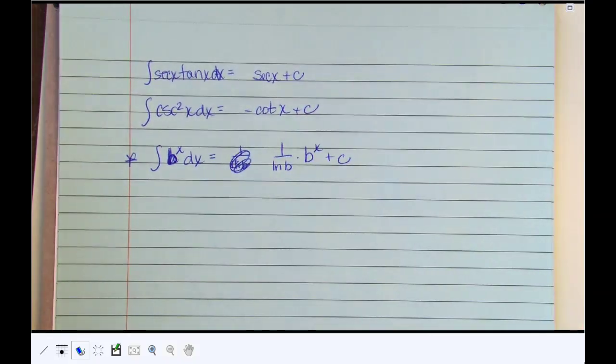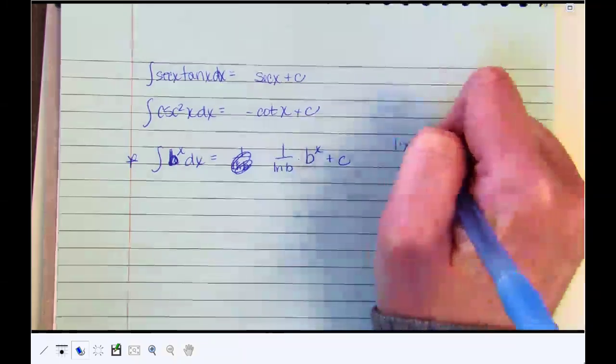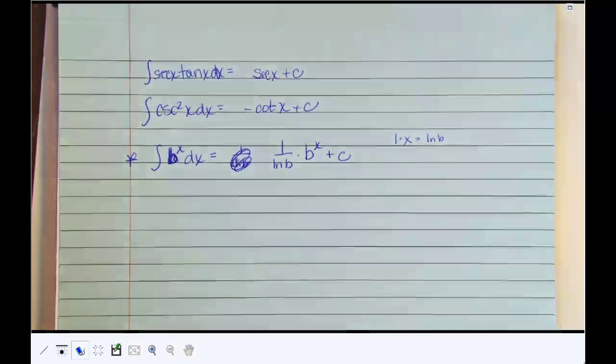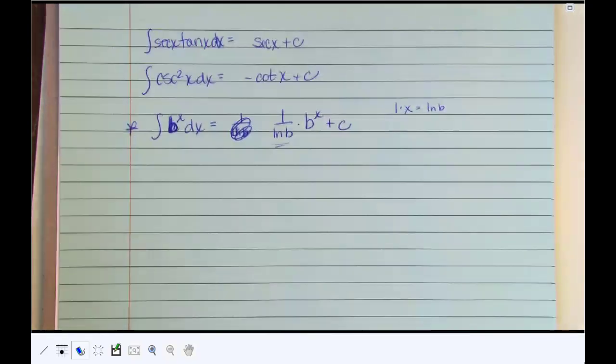So the derivative of b to the x is natural log of b times b to the x. But that same thing that Caleb said, 1 times something had to equal the natural log of b, so you had to divide. So this guy is 1 over natural log b times b to the x plus c.